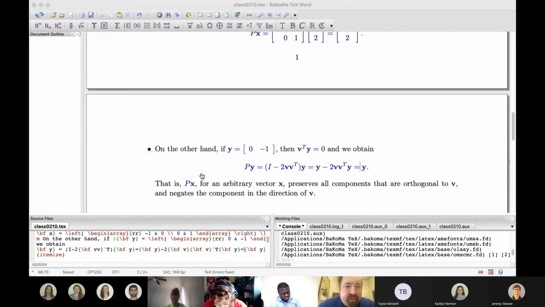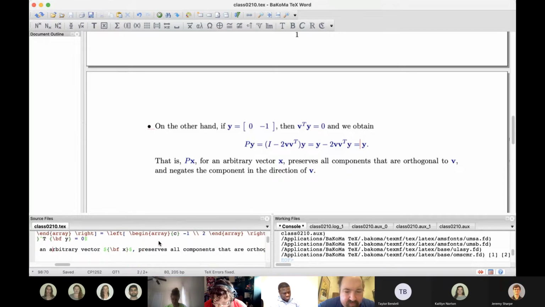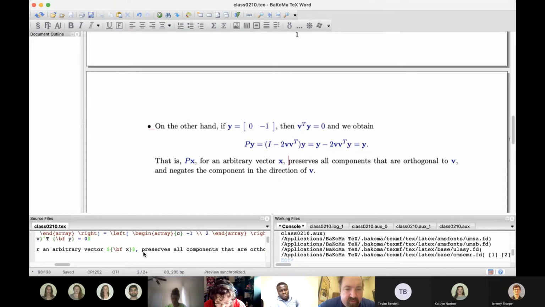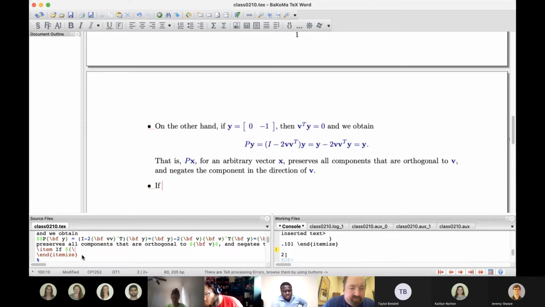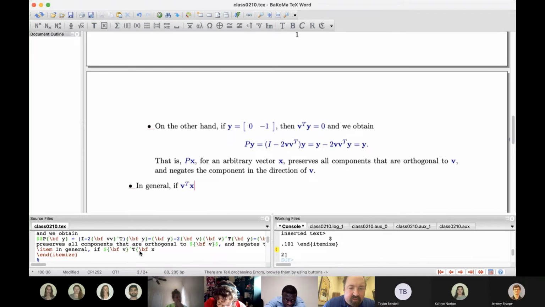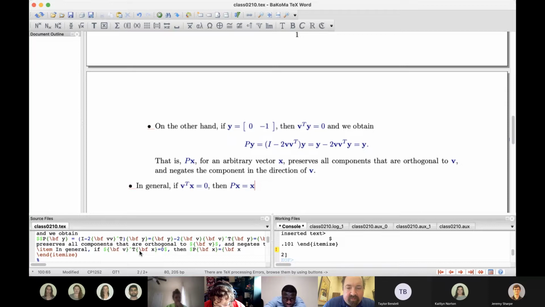So to summarize what's happening geometrically, in general, if v transpose x is equal to 0, then Px is just going to be equal to x.